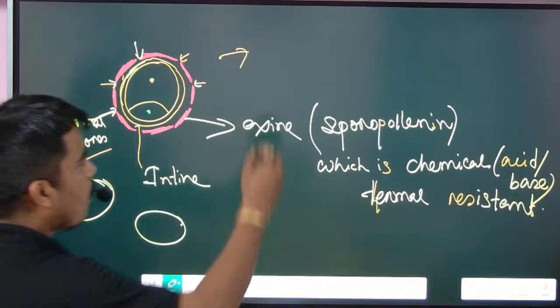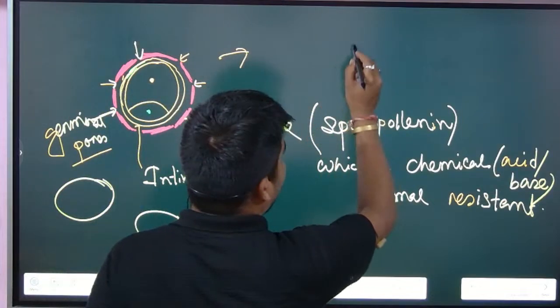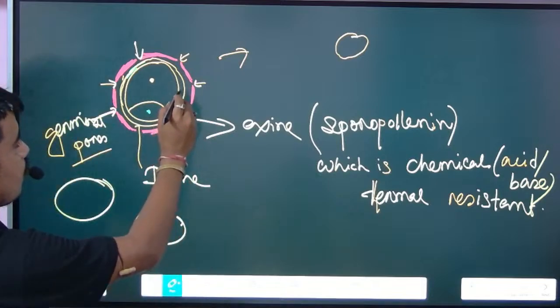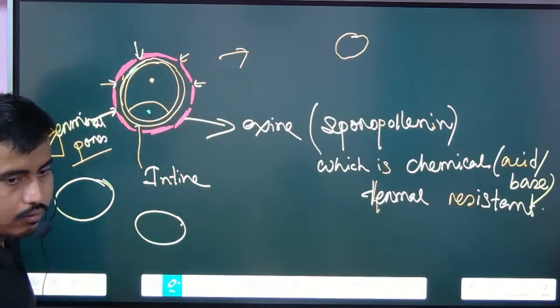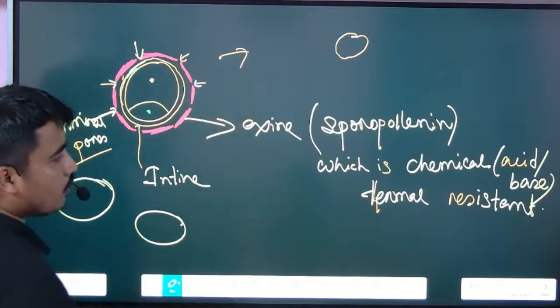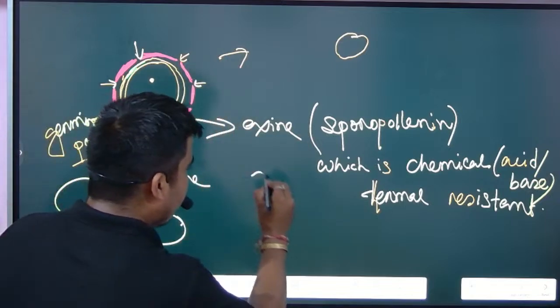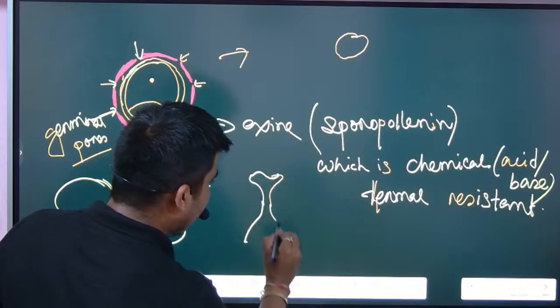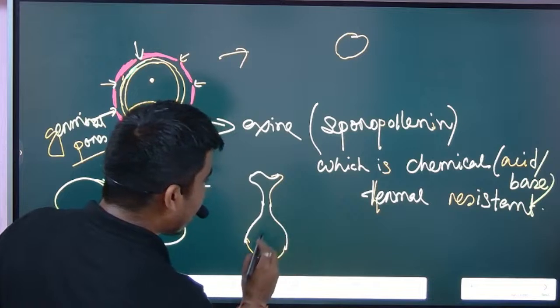When fertilization occurs, the gamete shoot comes out through the pores. During fertilization it is a purely chemical solution.